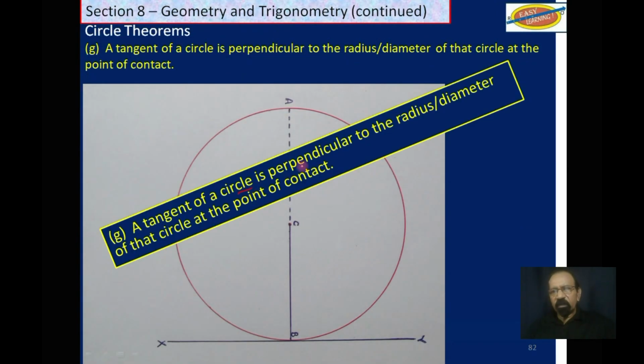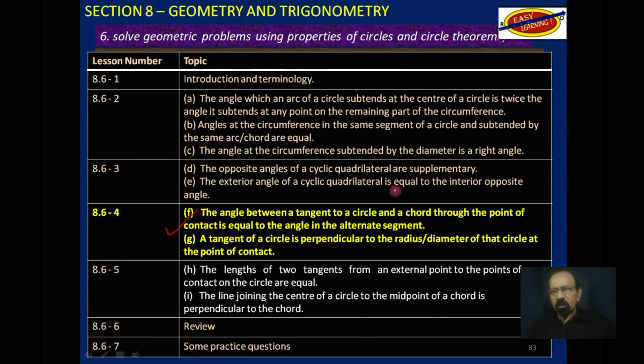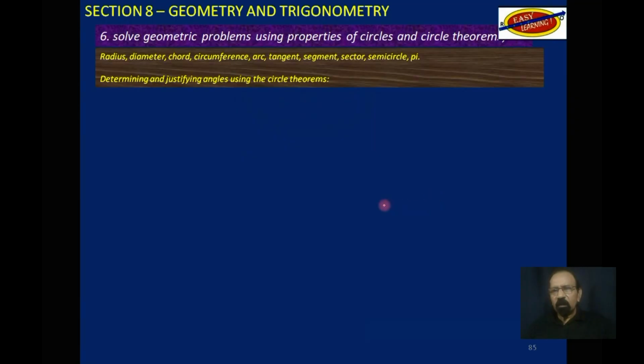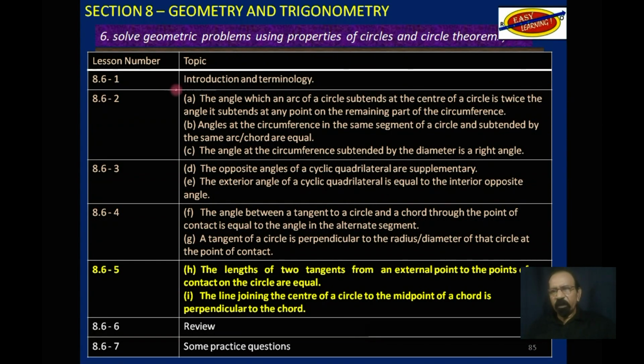The tangent is perpendicular to that radius, or the radius is perpendicular to the tangent. So we just looked at those 2 more. So we have finished those 7. Now we have these last 2 to consider.